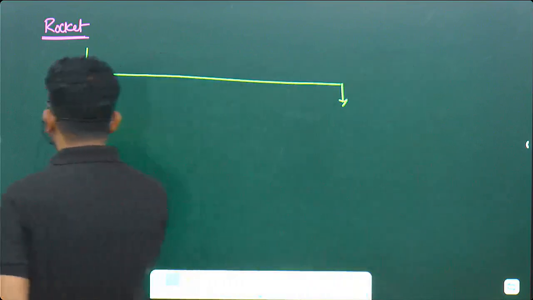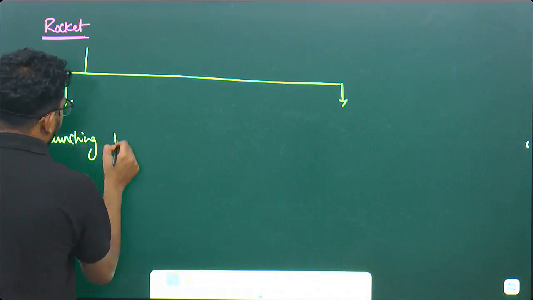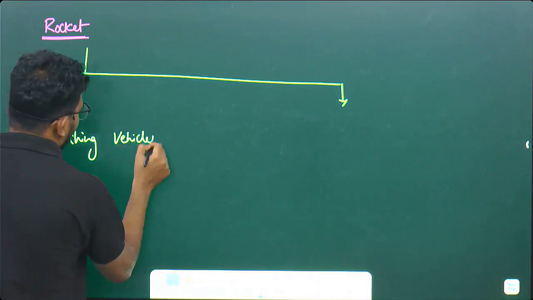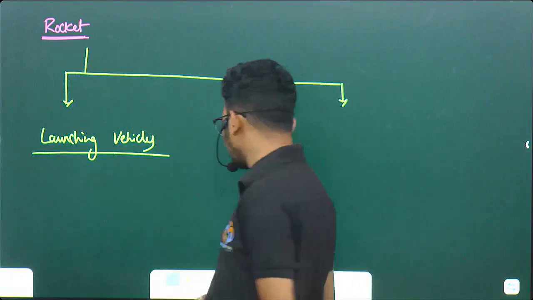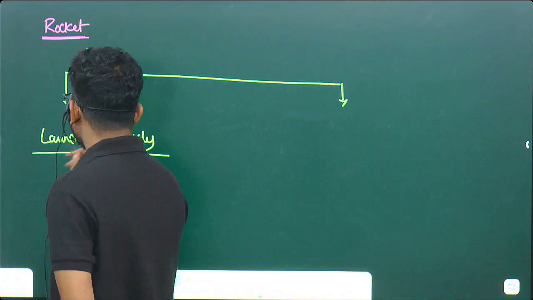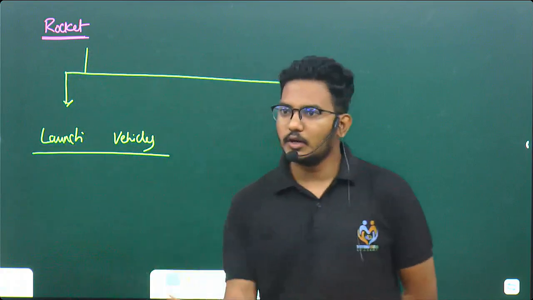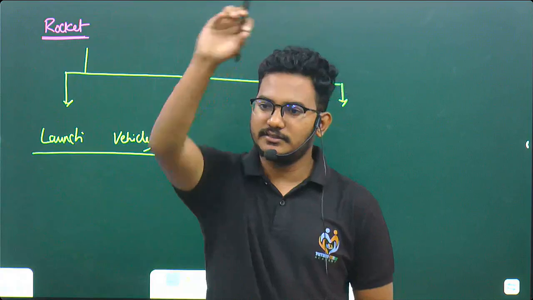Constructive use is launching vehicles, or launch vehicles. Keep it simple: launch vehicles. So this motor goes to a launch vehicle, and using this motor, it will enter into space. So this is constructive.